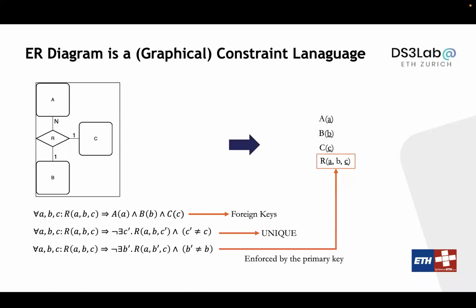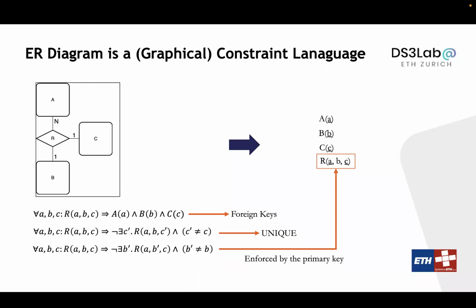When we translate from this conceptual model to a logical model, what we are doing is trying to define a database schema that can store all the information you have in your application, but also enforce as many constraints as possible from the conceptual model. Some of those constraints can be enforced by, for example, a primary key.